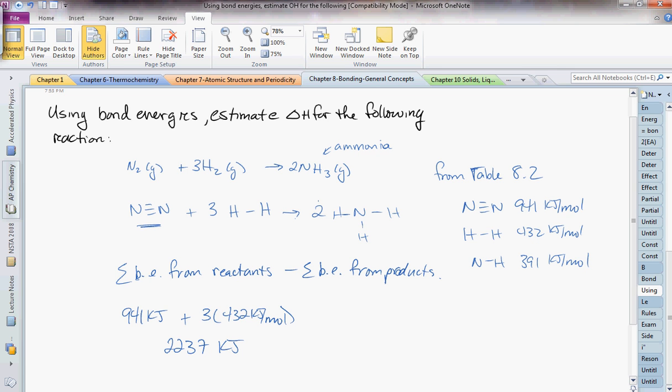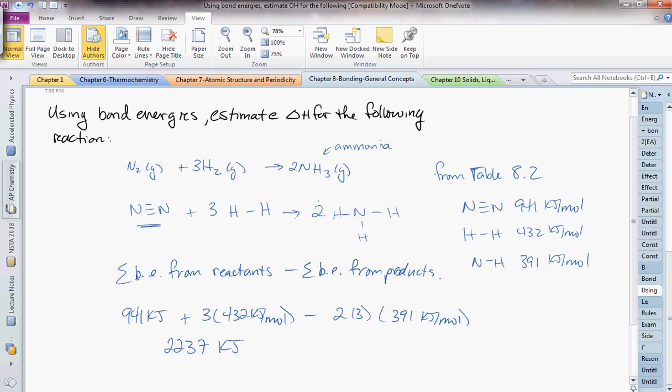So that's how much energy needs to be put in to break all those bonds in the nitrogen and hydrogen molecules. Then on the other side, we have 2 ammonia molecules, and each one has 3 nitrogen-hydrogen bonds. So we're going to be forming 6 new bonds altogether, and each bond will have an energy of 391 kilojoules per mole.